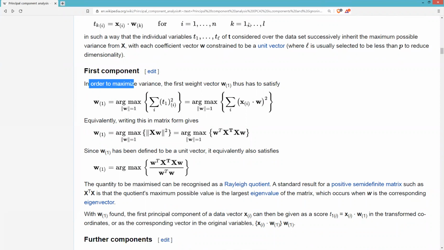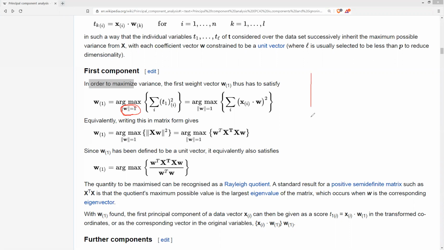Here we want the first weight vector to have length one, that's what it does. And then the first one is basically the solution of maximizing the variance of T1, which is basically x_i multiplied by w, right?